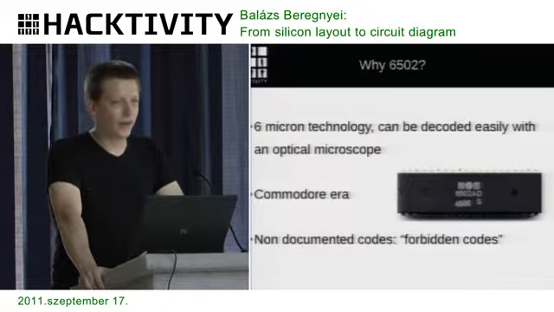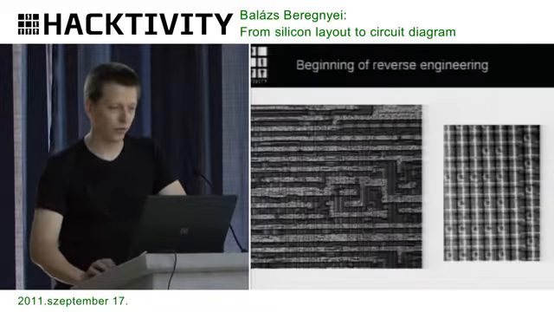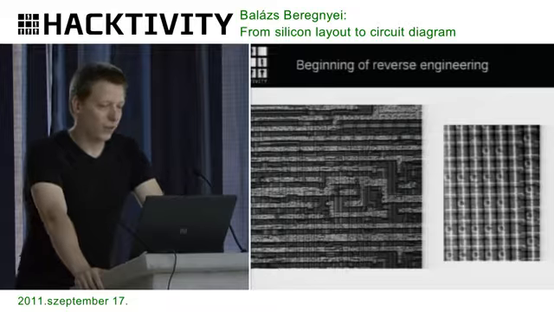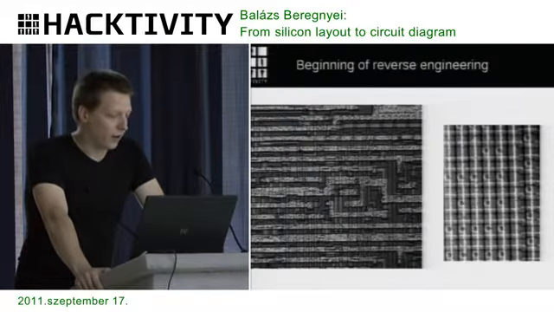Now, the reason I selected this processor for reverse engineering was that I was looking for the rationale why they planned a processor which has well-documented and also non-documented operations.